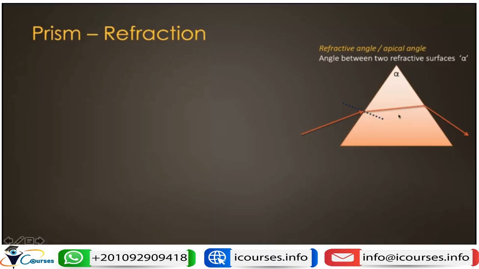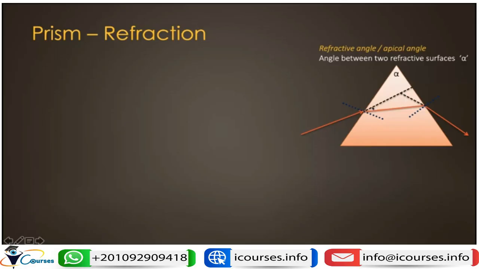Then it undergoes refraction from the prism to the air interface, from more dense to less dense, so it will undergo refraction away from the normal. So the incident ray undergoes refraction by the prism, and the emergent ray will always be toward the base. This is very important. The emergent ray is always toward the base.